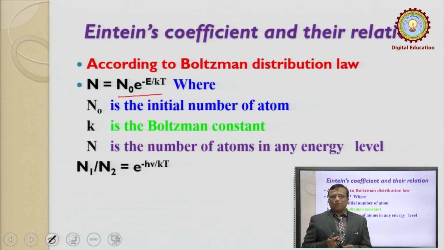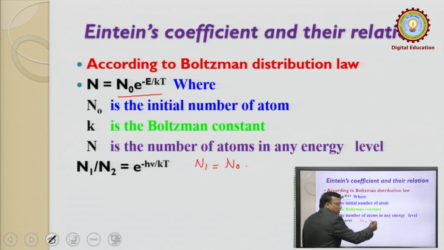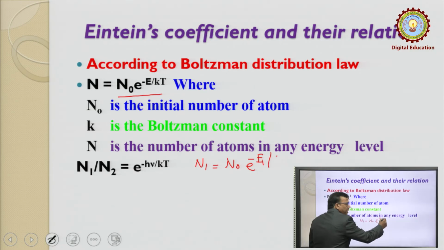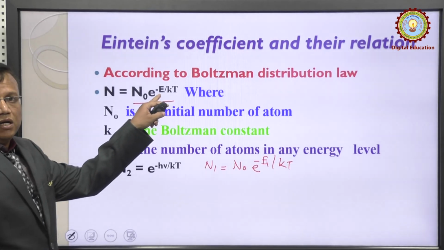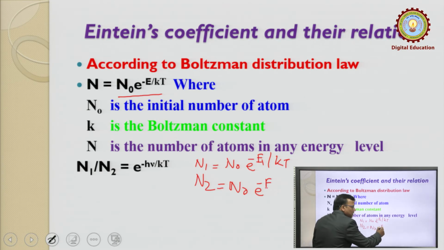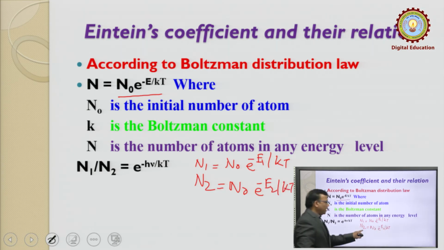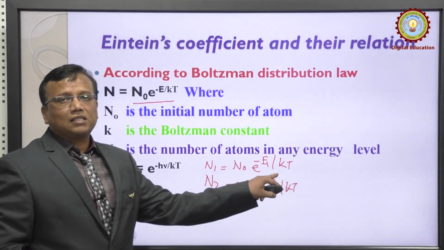So how will we get N1 upon N2? N1 is equal to N naught e raised to the power minus E1 upon kT, because N1 is the number of atoms in the ground state and E1 is the energy of the ground state energy level. Similarly, N2 is equal to N naught e raised to the power minus E2 upon kT, where N2 is the number of atoms in the excited state, N naught is the initial number of atoms, and E2 is the energy of the excited state.